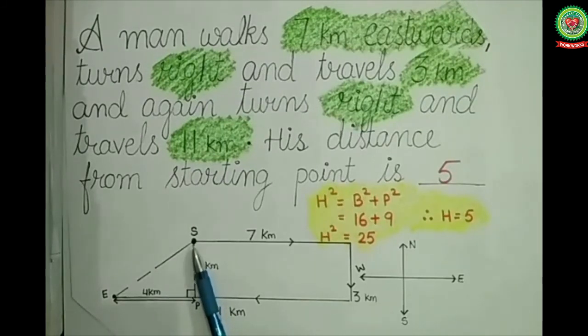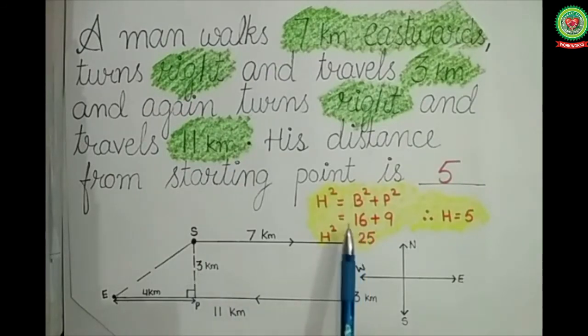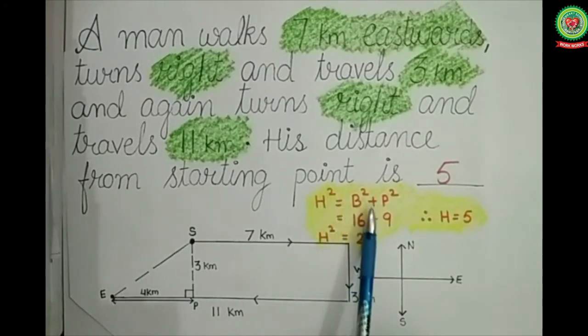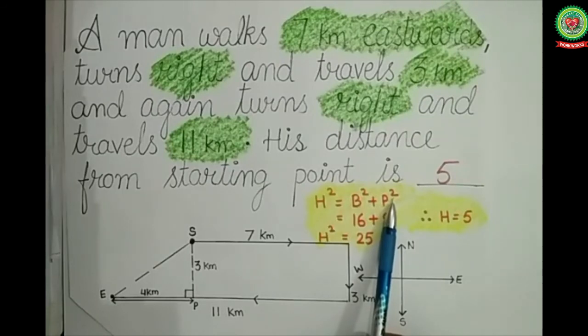Students, you can see triangle SEP is a right angle triangle in which base is 4 kilometers and perpendicular is 3. So you can apply Pythagoras theorem. Pythagoras theorem says in a right angle triangle, hypotenuse square is equal to base square plus perpendicular square. Now students, here base is 4 kilometers and perpendicular is 3 kilometers.